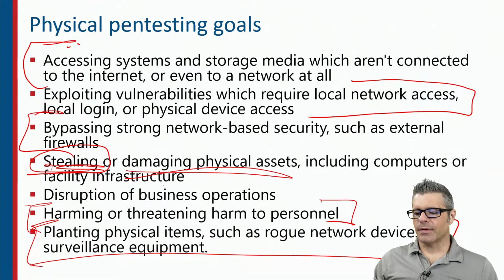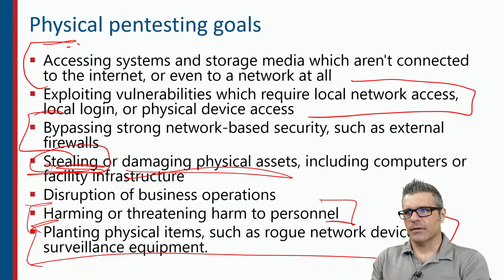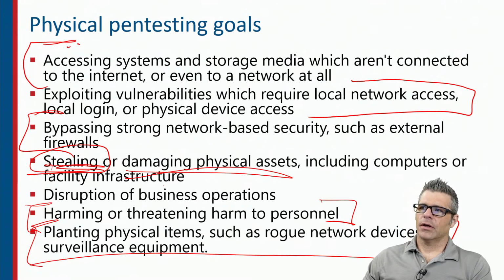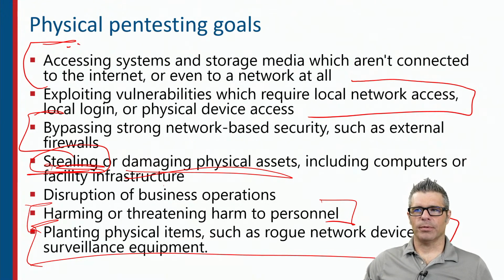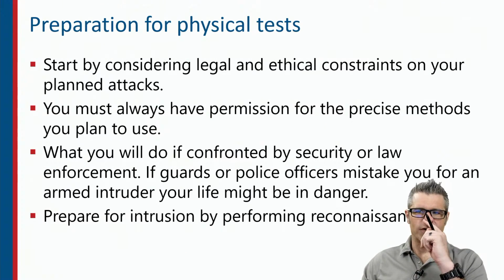So does something that creates persistence in the network or in the organization. Very seldom do they hire people to go in and threaten or harm their personnel. It seems like a bad move.